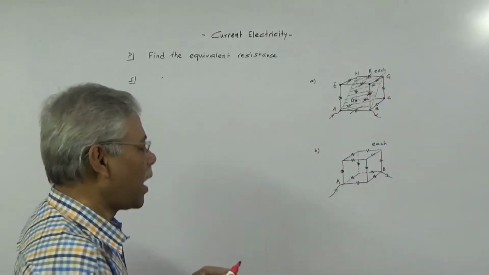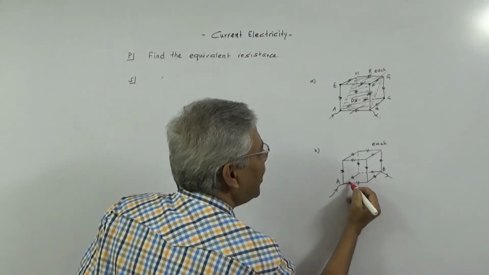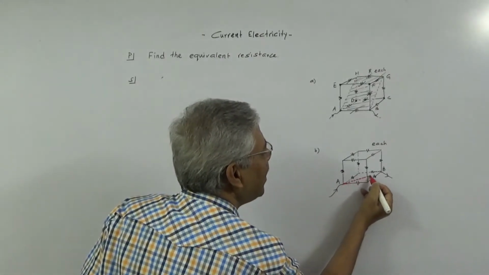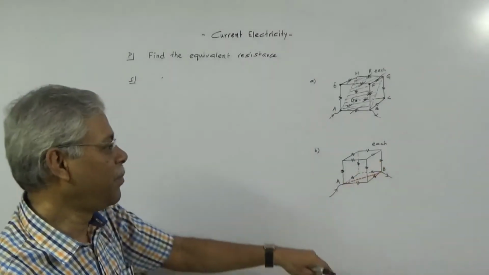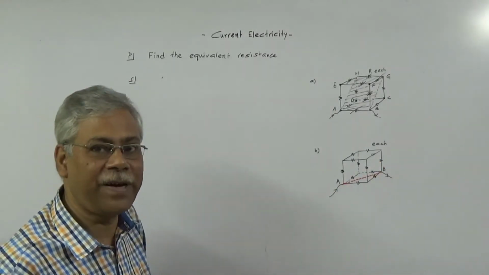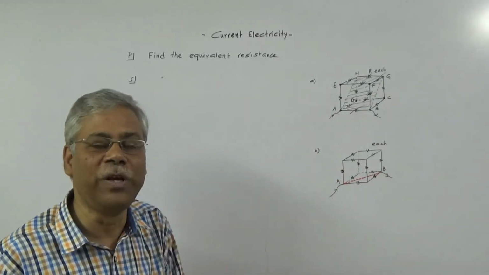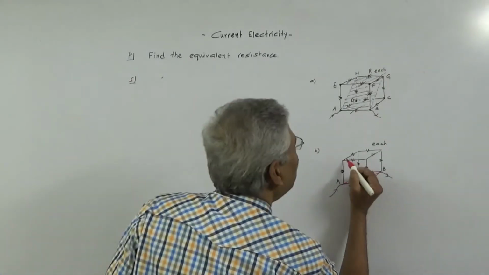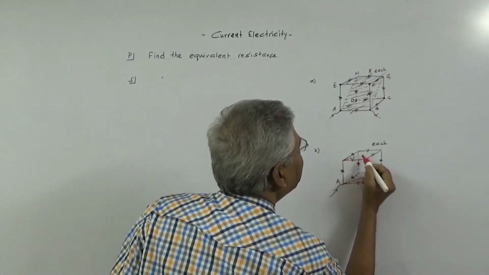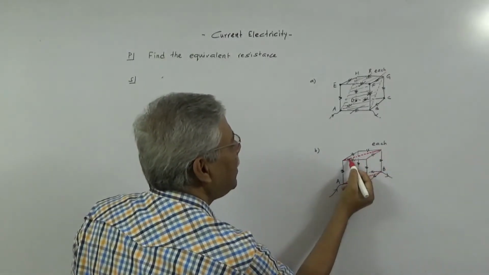Okay, so I'll show the mirror here. It must contain the points at which current is entering and current is leaving. So first we draw this line, then we draw a surface which will divide the whole volume into 2 identical halves. So this is the surface of the mirror.